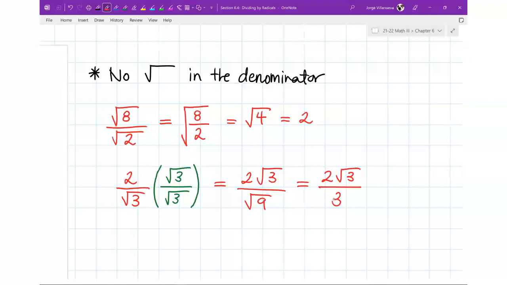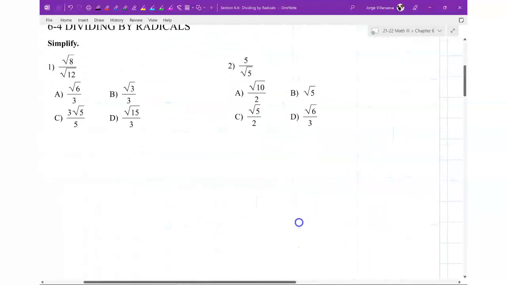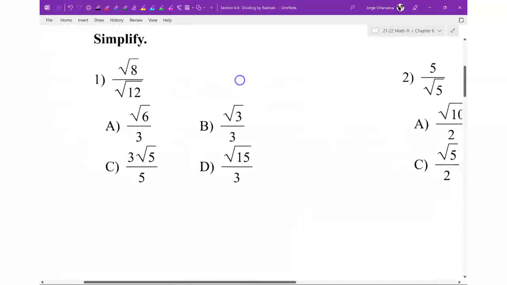So remember, we could try to simplify first. Maybe we can get rid of the radical that way, or we may have to multiply by the denominator on top and bottom. Okay, so we'll see that right now. So check this out. Now we're going to work on question number 2 together, but I just want you guys to notice something on question 1.